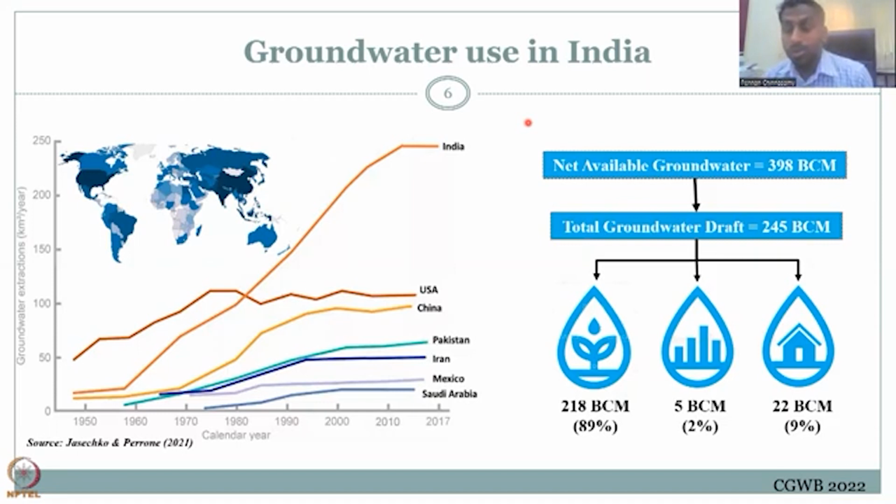So that is around 2% at 5 billion cubic meters, and around 9% or 22 billion cubic meters for industrial development. So agriculture is around 10 times that of industry in India.